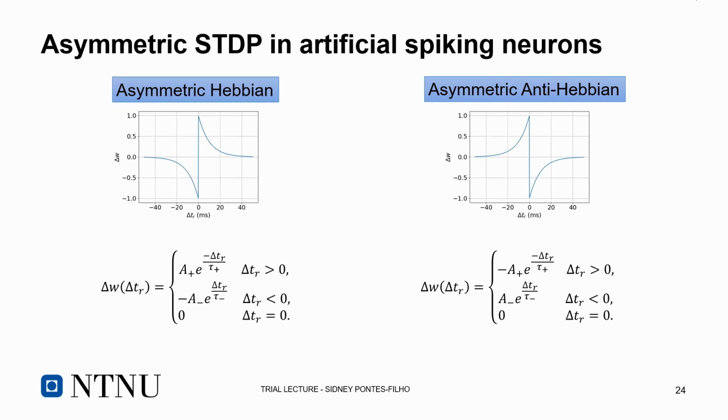When delta T is greater than 0, it needs to increase the synaptic strength.